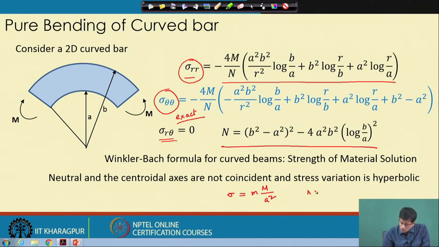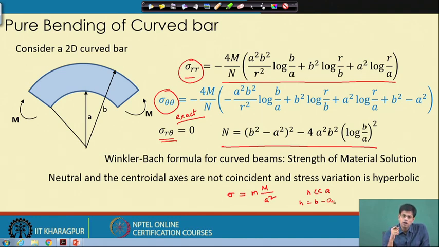So, h is much less than the radius, b minus a is much less than a, and then we can use this kind of formula, where we directly use the straight beam formula, pure bending of a straight beam. That gives the linear stress variation, which is pretty inaccurate actually.